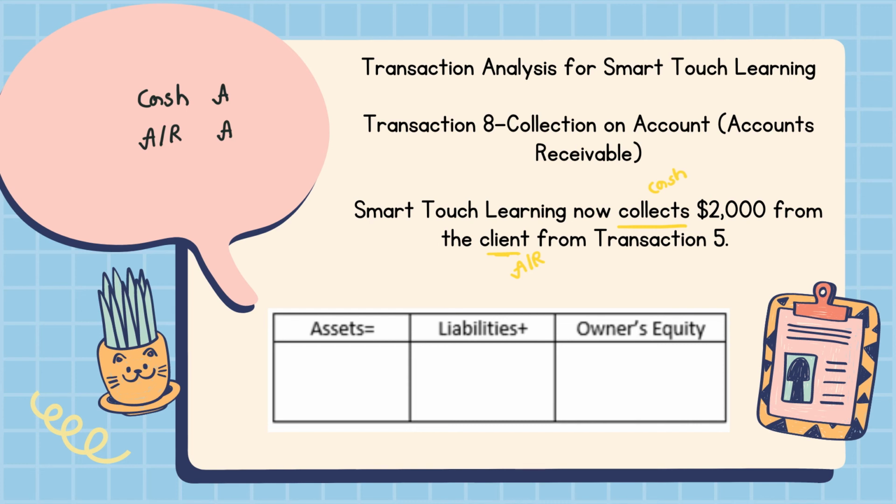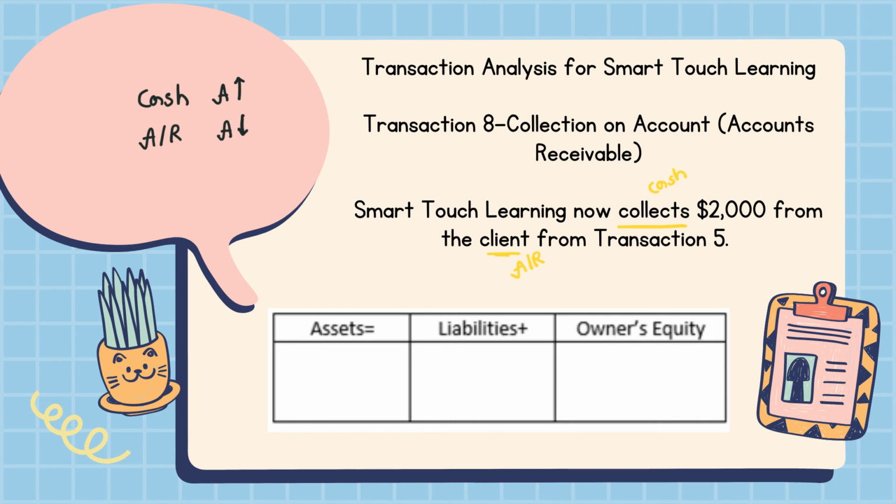Cash and accounts receivable are assets. So I collected cash, so my cash will go up and my accounts receivable balance will go down because I received the money from this client, so his balance will decrease.